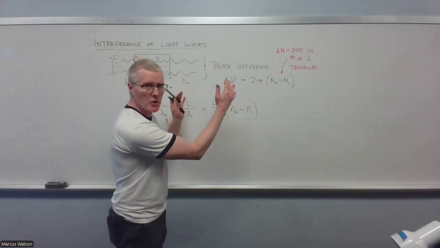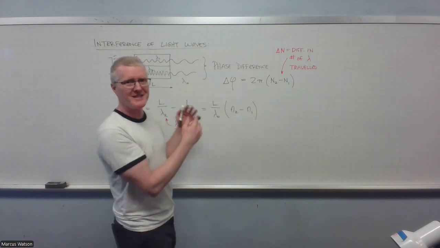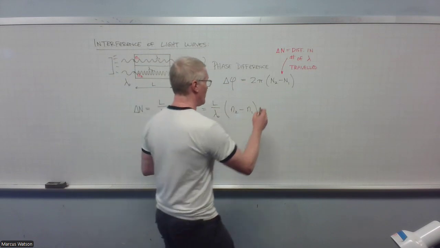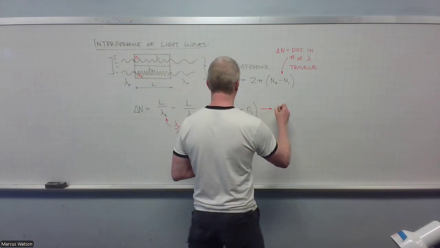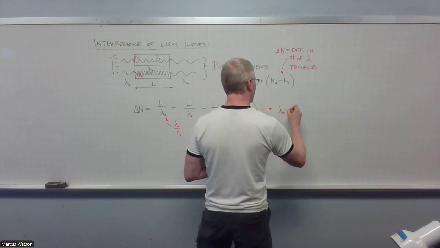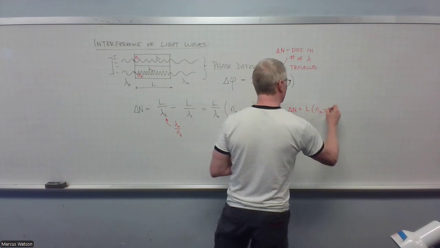I could take that as the total difference in the number of wavelengths, or I could multiply it by 2 pi, or I could say it's some fraction of 360, however you like. The point is that you can compare, for example, lambda naught multiplying delta n equaling L times n2 minus n1.